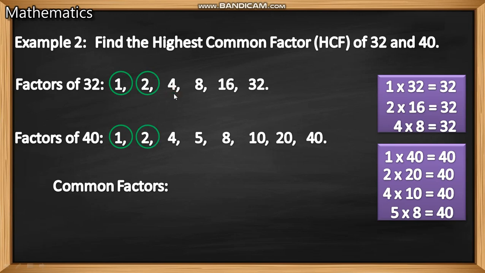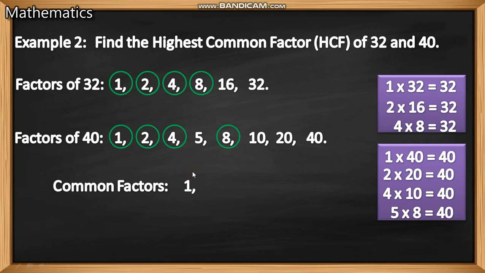Yes, 4 and here also 4. Then what about 8? Yes, 8 is here. 5 is not there. Then 16 is not here. 32 is also not here. So the common factors are 1, 2, 4 and 8.